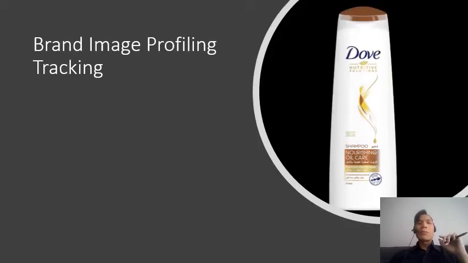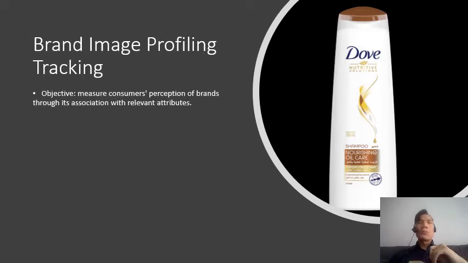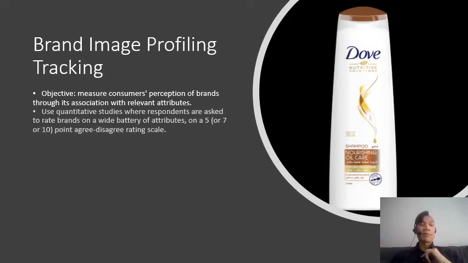So if you think about brand image, then we need to think about how we track the profiling of this brand image. So the objective here is to measure the consumer's perception of the brands through its association with the relevant attributes that are associated with the brand.